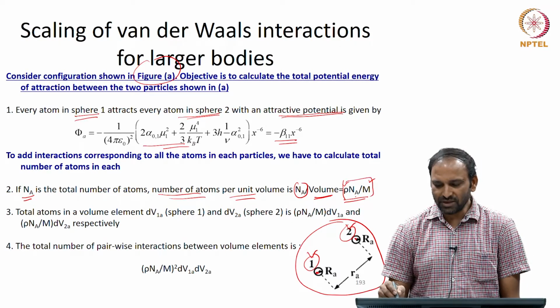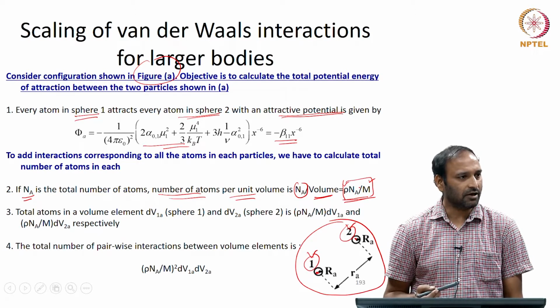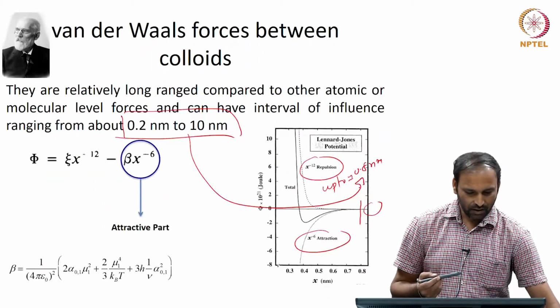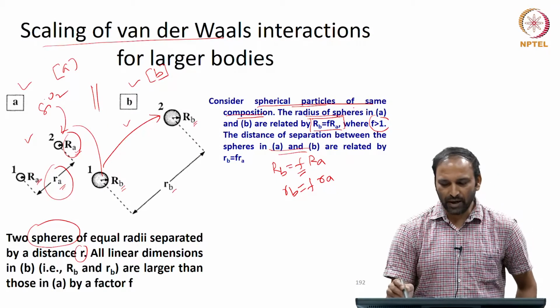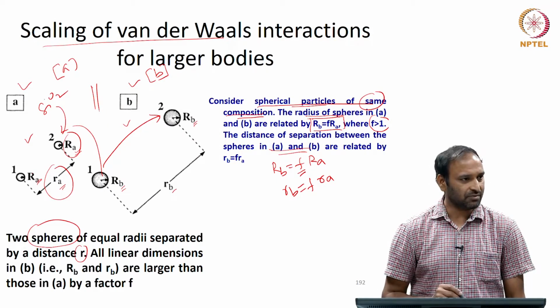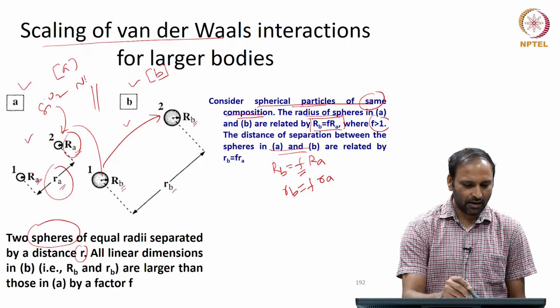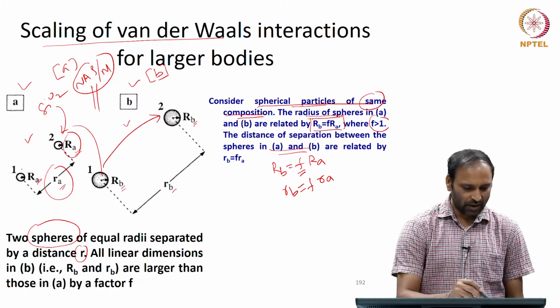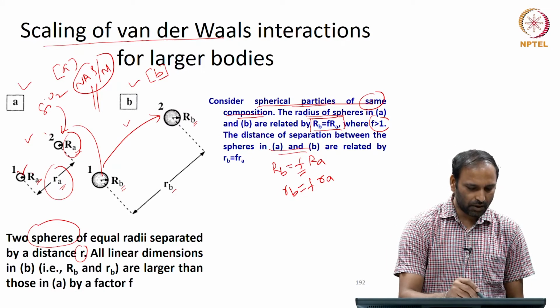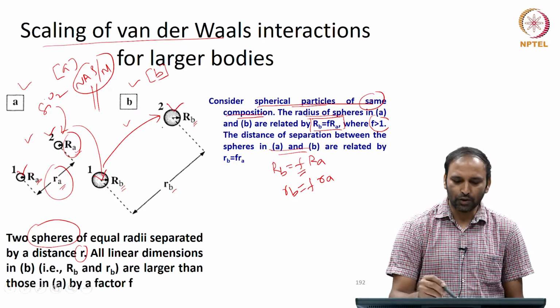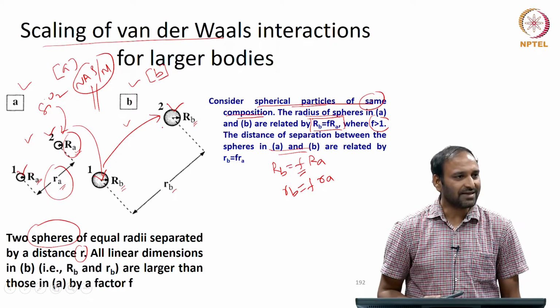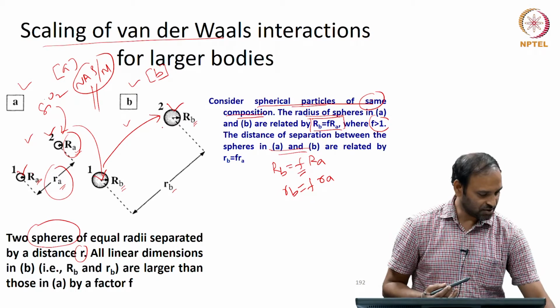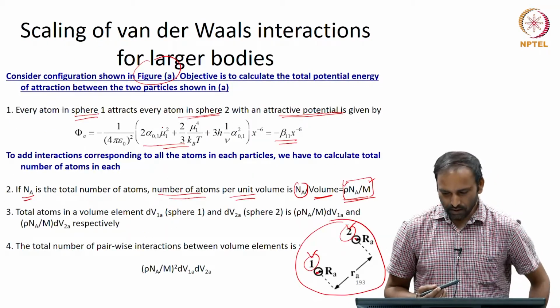That number is going to be the same for both the particles. In fact, because these are made up of the same composition, whether I take N A into rho divided by m, the number of atoms per unit volume, in particle 1 here or particle 2 here, that number is going to be exactly the same.